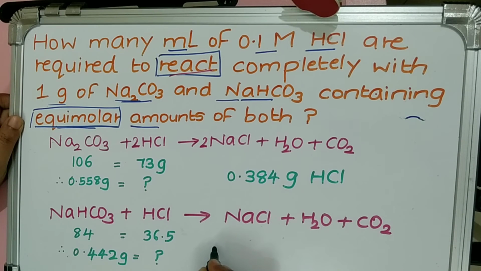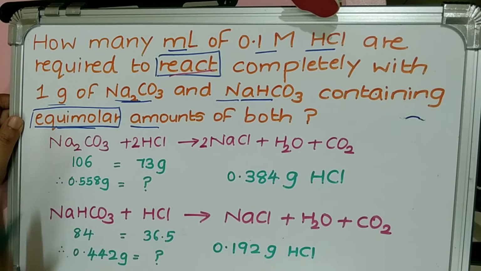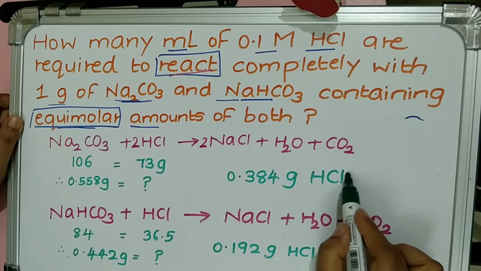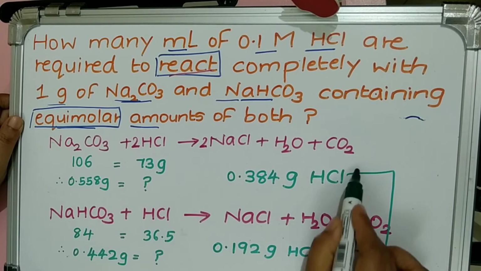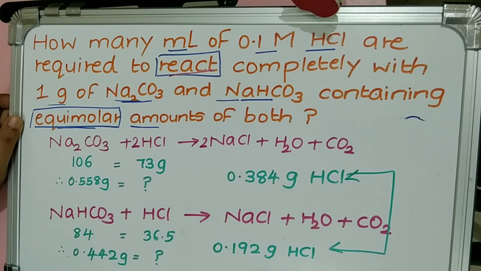So that comes out to be 0.192 grams of HCl. So separately we have done for Na2CO3 and NaHCO3. Correct? So now total HCl, how many grams of HCl is required? Add both the values. 0.576 grams. This much HCl is required.